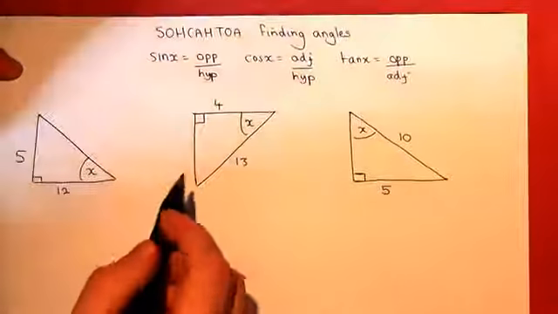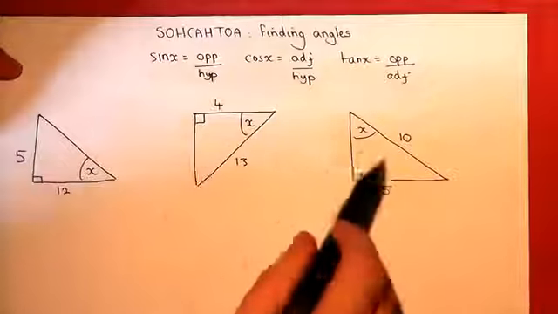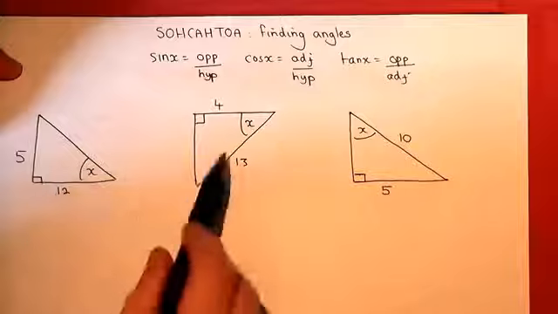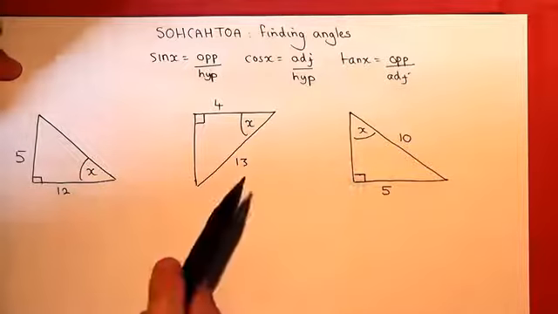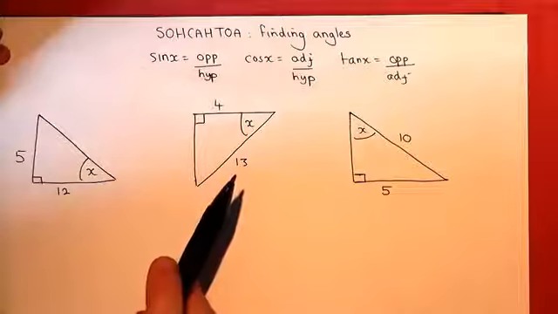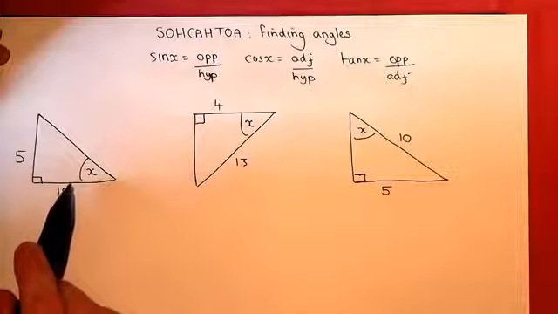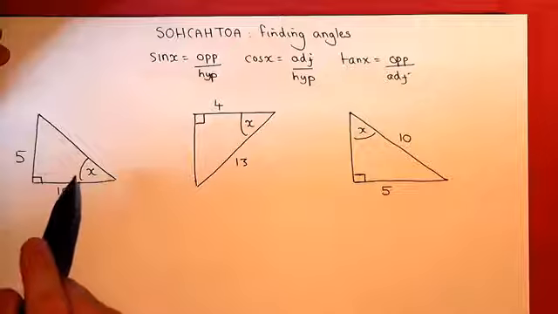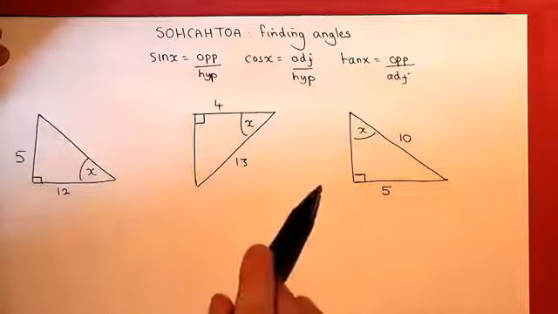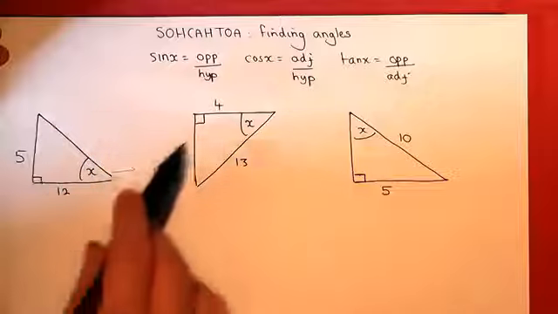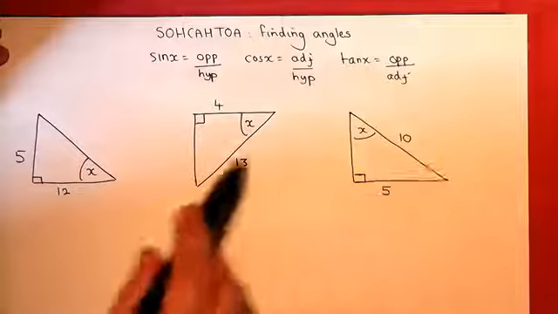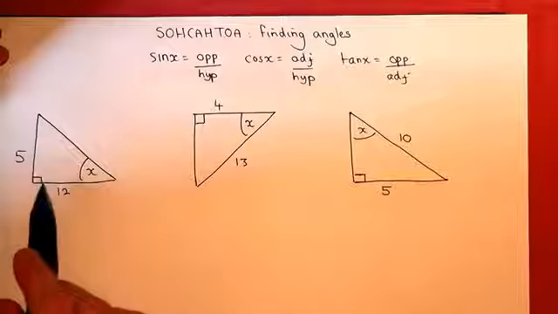This video talks through how to find missing angles when you know two sides. Now then, the first step is to label the sides either opposite, adjacent or hypotenuse. Now the hypotenuse is always the longest side opposite the right angle.